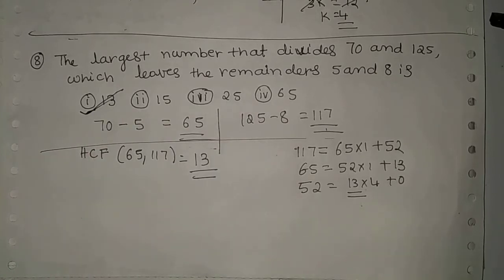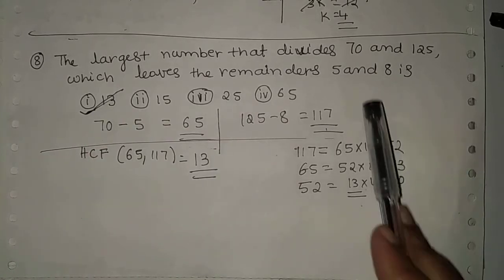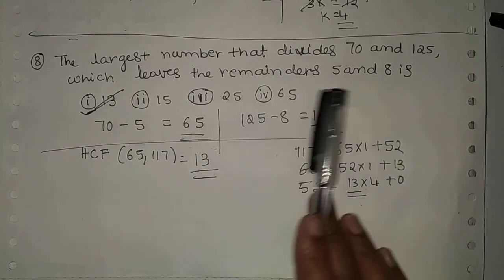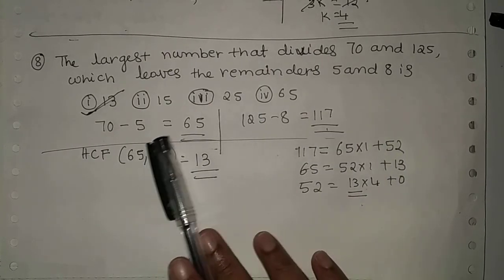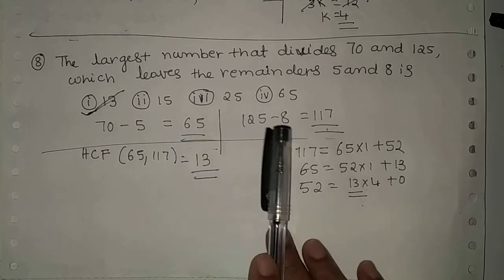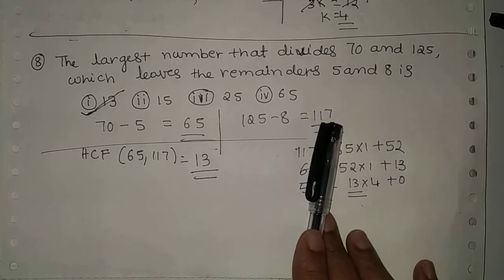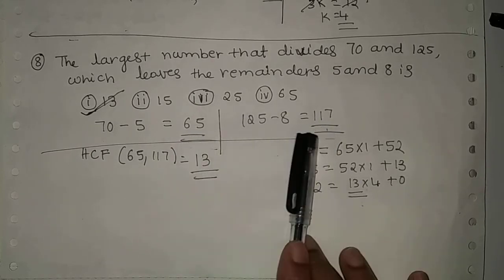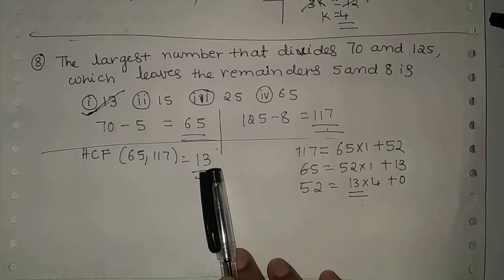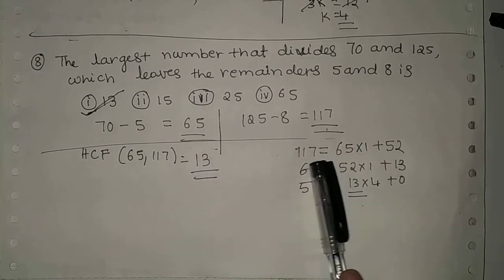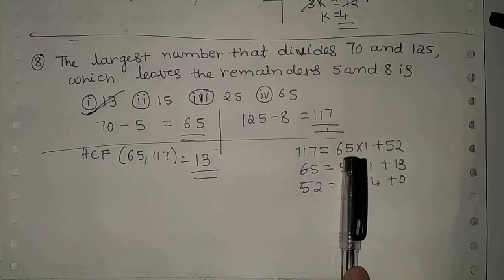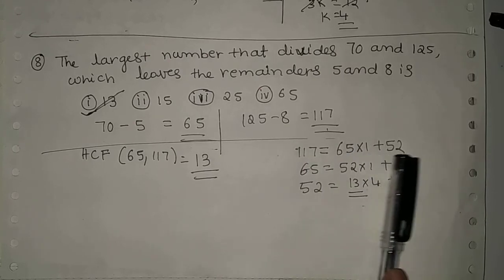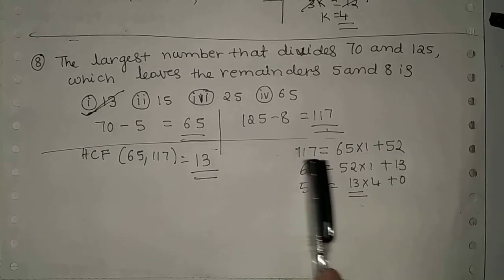This is the procedure. Take the given numbers and take these remainders, that is 70 minus 5 is 65 and 125 minus 8 is equal to 117. Take these two numbers and find the HCF of these two numbers. How? Take the larger number this side, then 65 into 1 plus 52 will be 117.